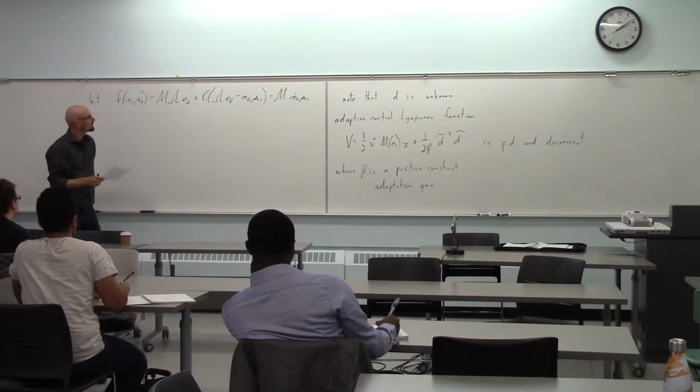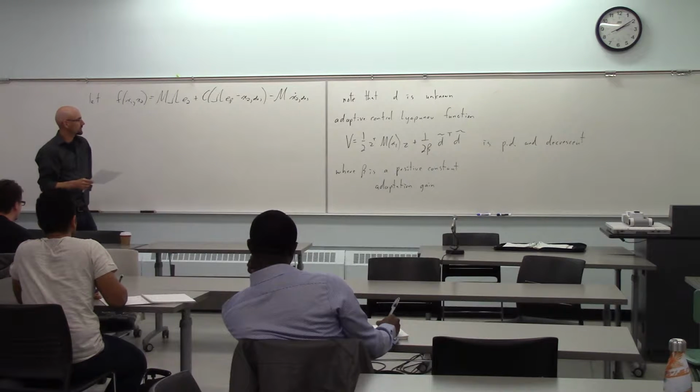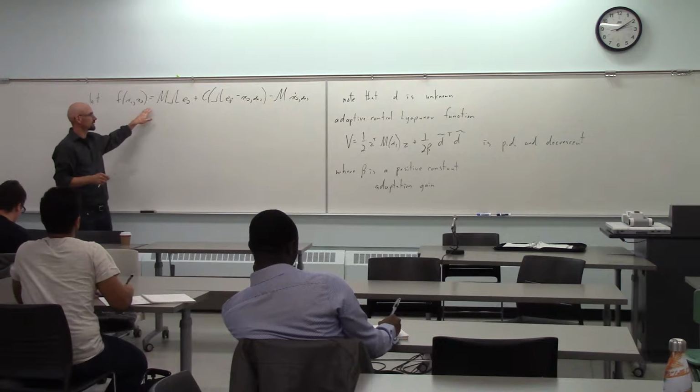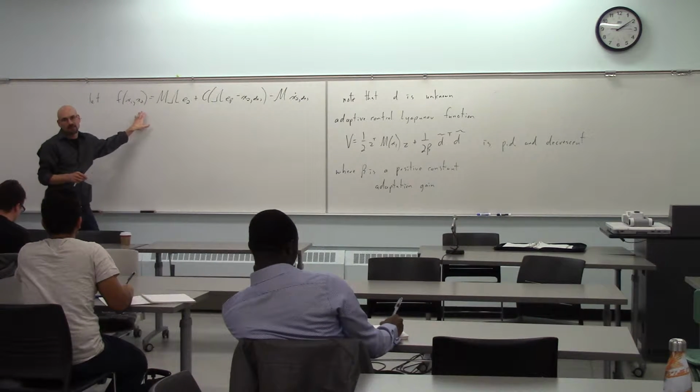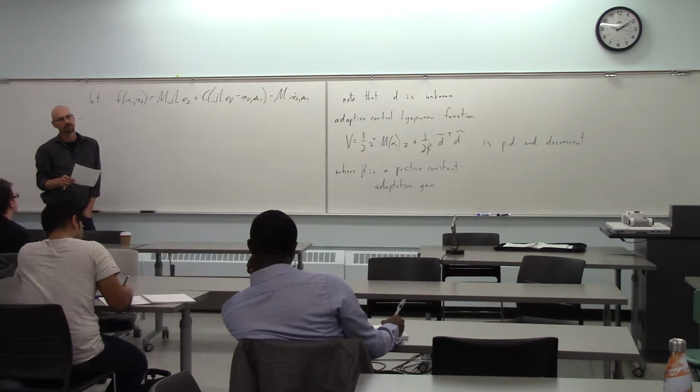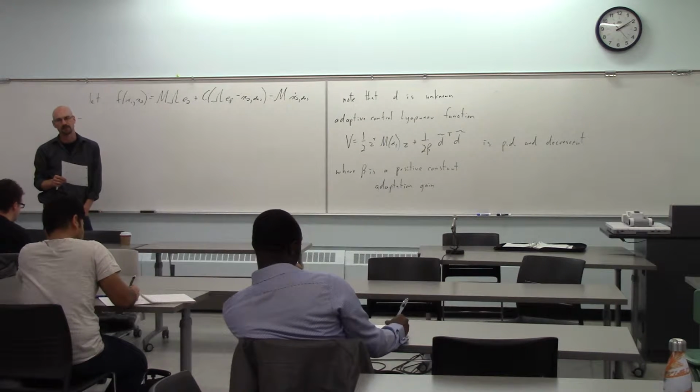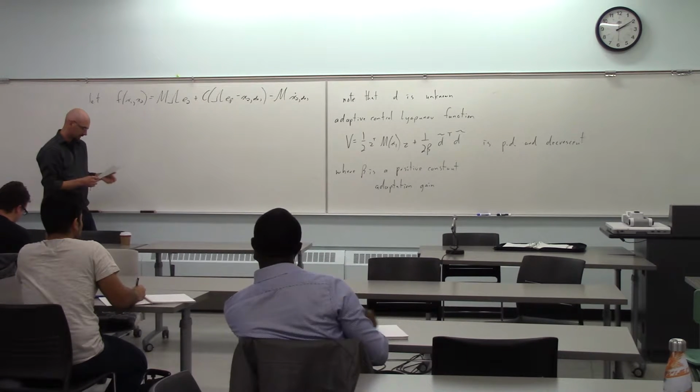Just for the purposes of teaching this stuff, I'm assuming I know f of x. In reality, I have to use all these techniques for dealing with f of x as well, to make it either robust or adaptive to uncertainties in f. But just for teaching purposes, we'll just look at d for now and assume we know the rest of the dynamics.